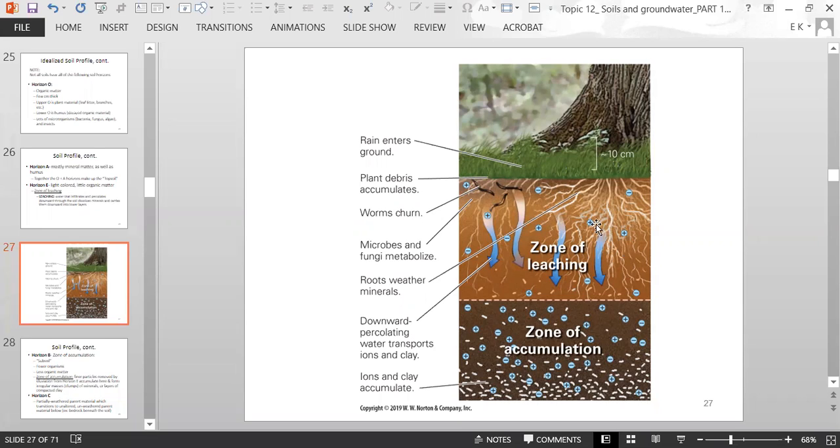Here, downward percolating water transports ions and clay. So water that's going down is picking up ions from dissolved minerals and clay particles. And then it accumulates lower down in the zone of accumulation.